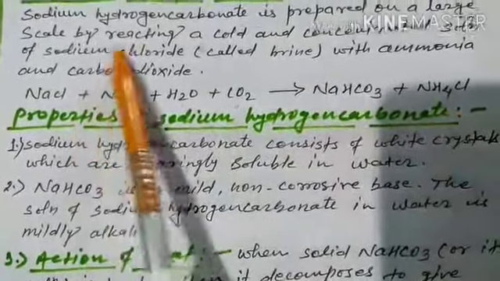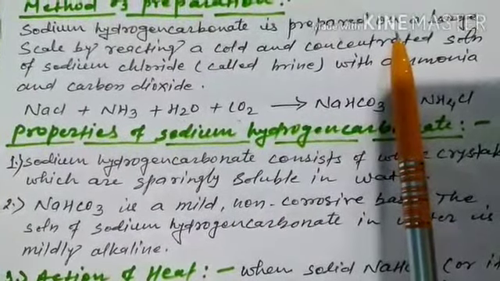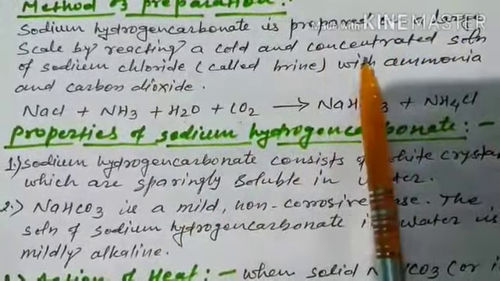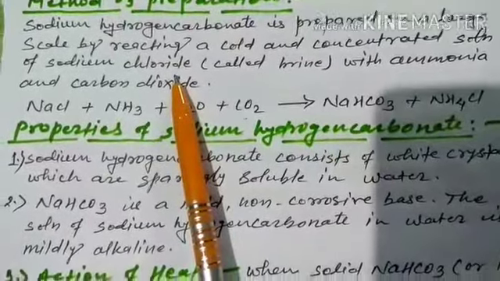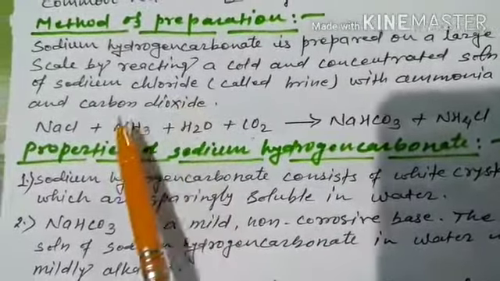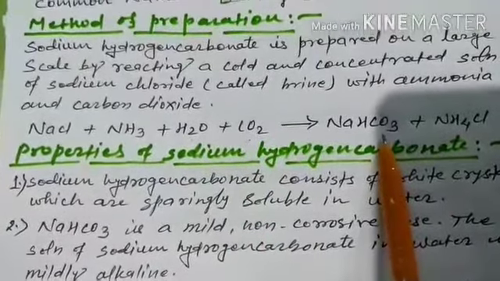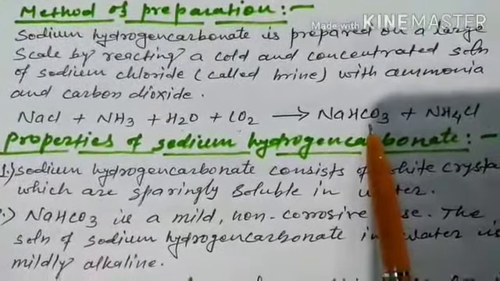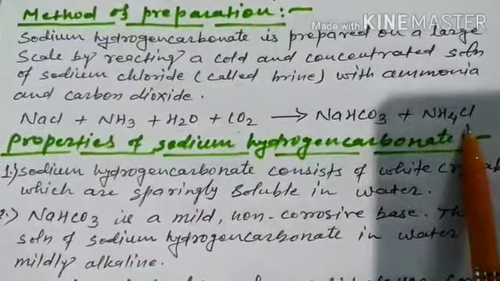Once again dear students, sodium hydrogen carbonate is prepared on a large scale by reacting a cold and concentrated solution of sodium chloride. When cold and concentrated sodium chloride reacts with ammonia and carbon dioxide, then sodium hydrogen carbonate, which is baking soda, and ammonium chloride are formed.